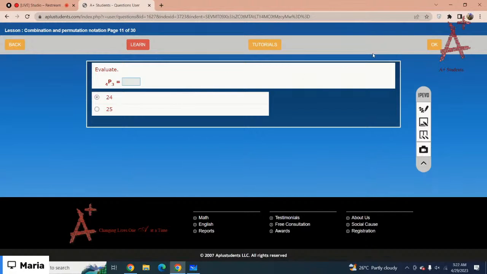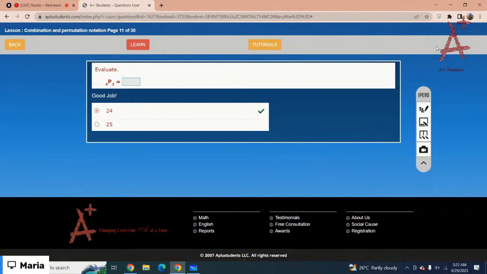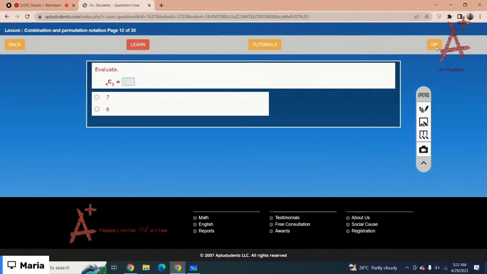The correct option is 24. Okay, the next one is 4C2. So which is the correct option?